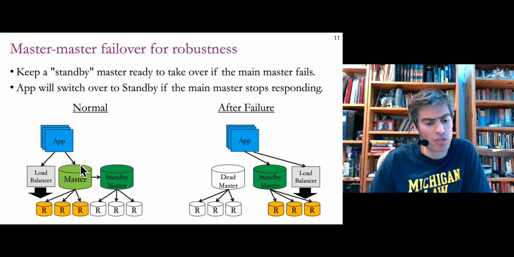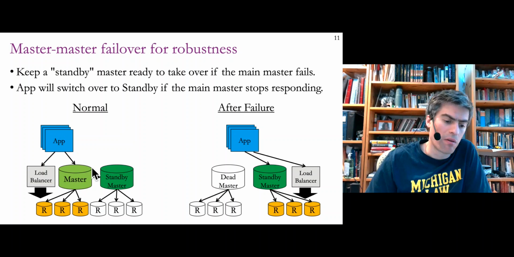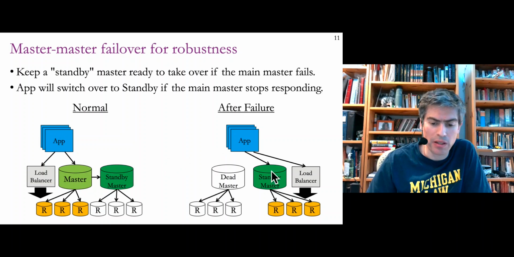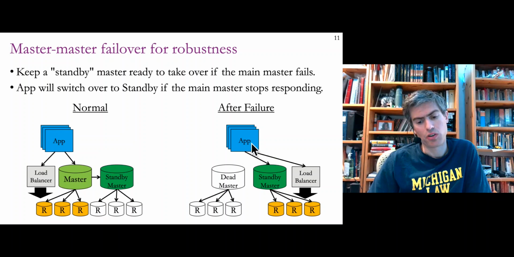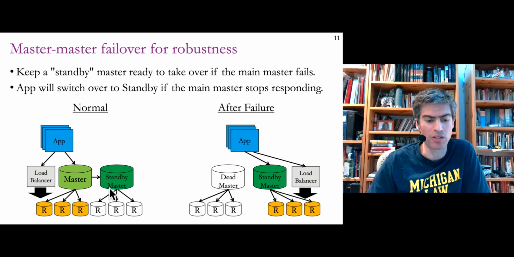Okay, and that decision would probably be made either by the standby or by the applications. It depends on the implementation. But basically, if at some point the master dies, then the system would switch over to using the standby master, and that would have its own replicas. Or these replicas could be configured to switch over to the standby, but that, again, depends on the implementation.